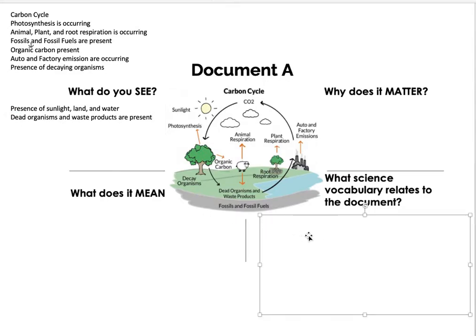The next easiest thing to do would be to pick out the science terms that relate, the science vocabulary that relates to the document. So we have carbon dioxide, of course. It's present there in its chemical form, carbon dioxide. We have organic carbon. We have respiration, which is important. We have photosynthesis.